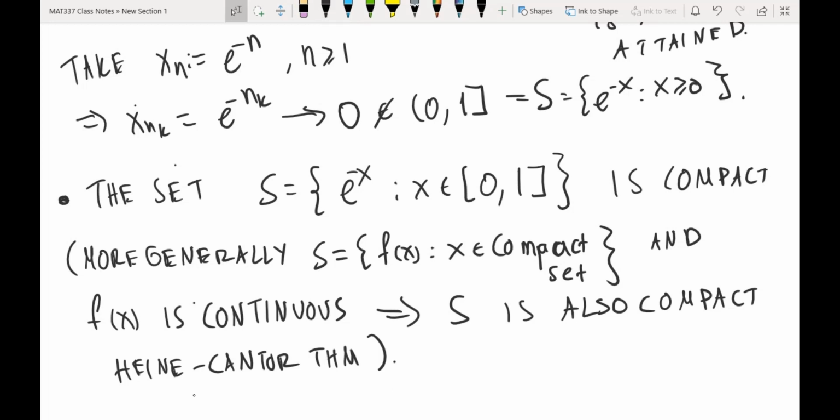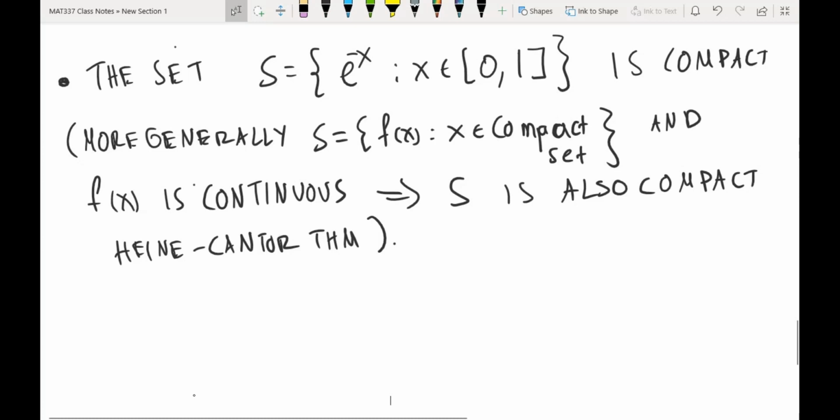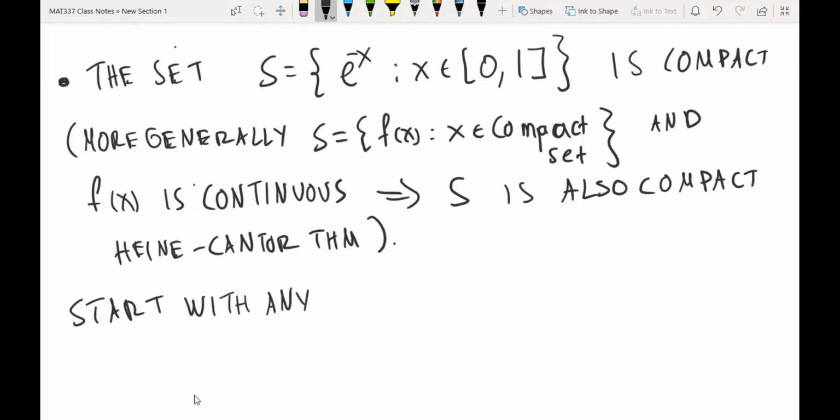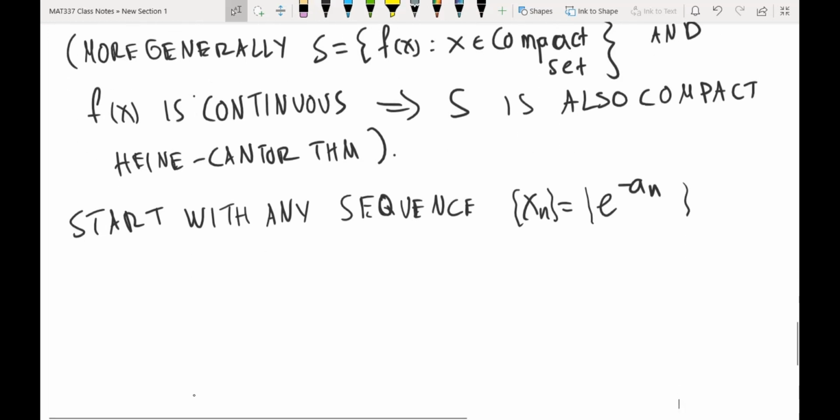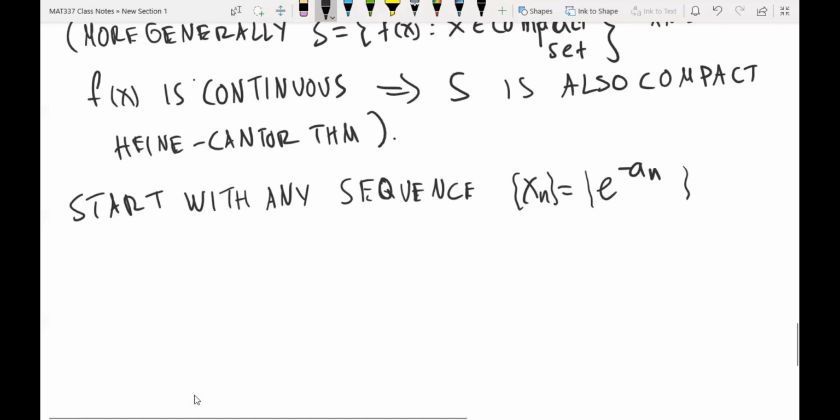Okay, so let's see, why is this set compact? So start with any sequence, x_n equal to minus e_n. Then, we'll prove this general statement again.